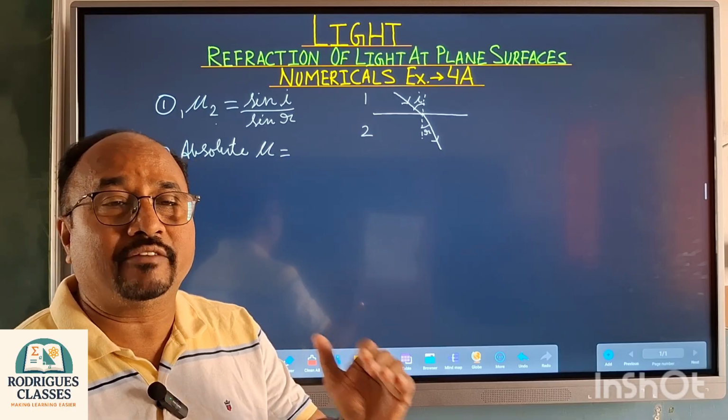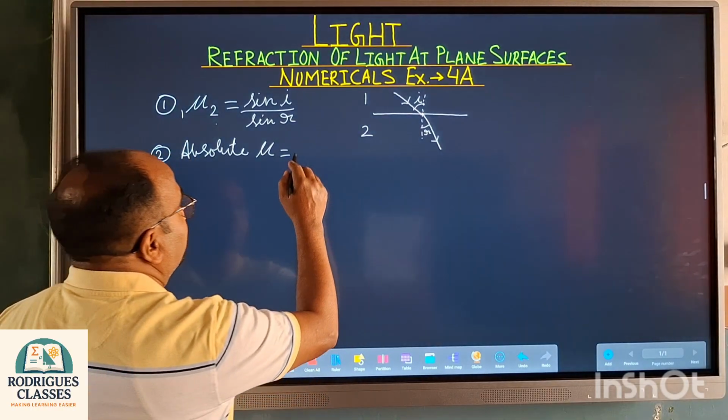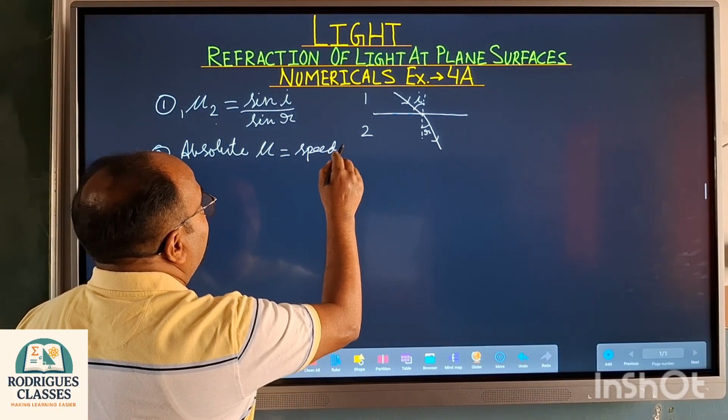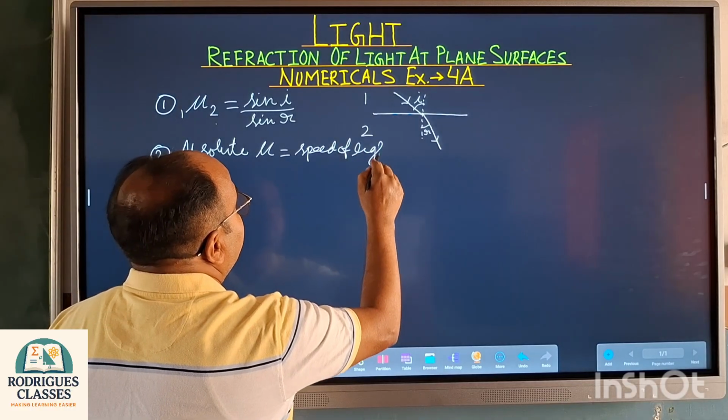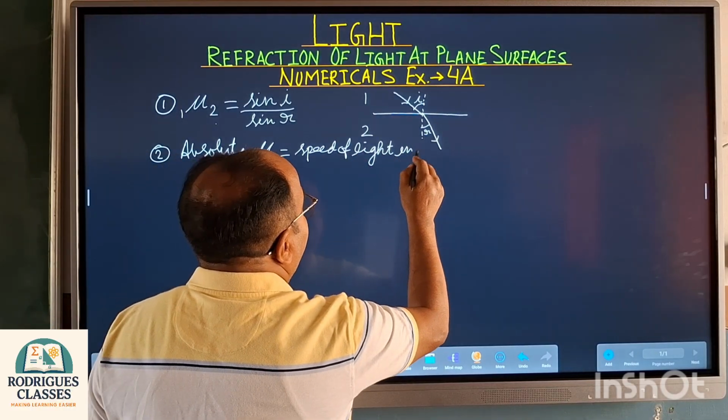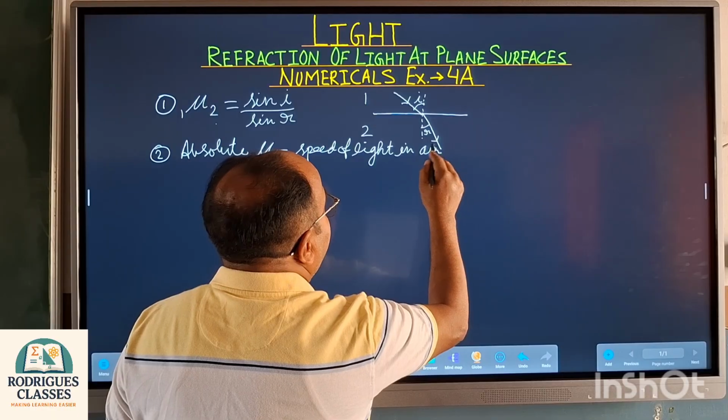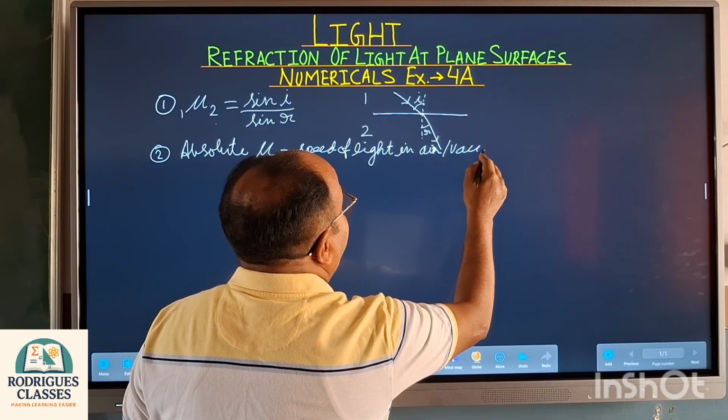In absolute refractive index, the ray has to travel from air or vacuum. So in the numerator, when we find this refractive index formula, we have the speed of light in air or vacuum.